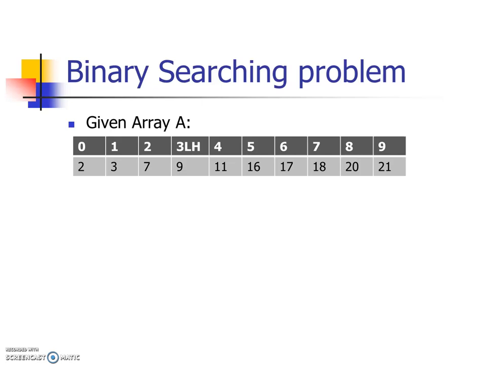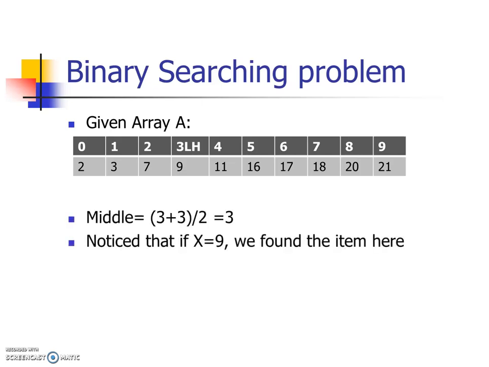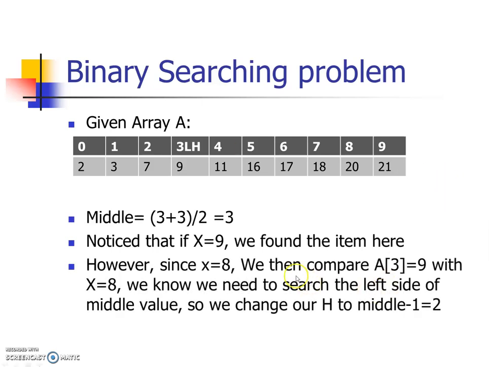However, because the value we want to find is 8, when we compare a of 3, which equals 9, with x equals 8, we know we need to search the left side of the middle value.